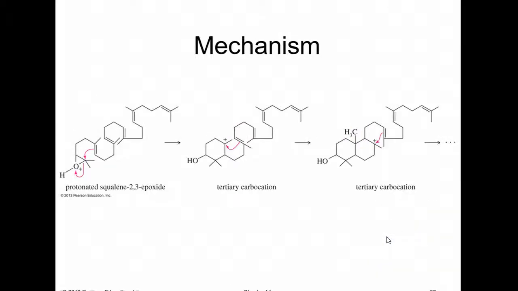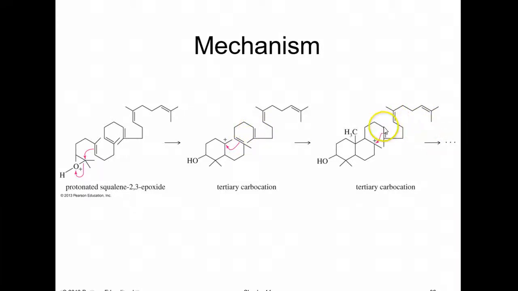Here's kind of the mechanism of it. But you see the epoxide, protonate it. This is going to attack the more substituted spot because it's in acid. So that opens the epoxide, leaving a plus charge on this carbon. This is a double bond, so you're forming a bond between here and here, giving you now a plus charge there. This now attacks there, giving you a plus charge here.